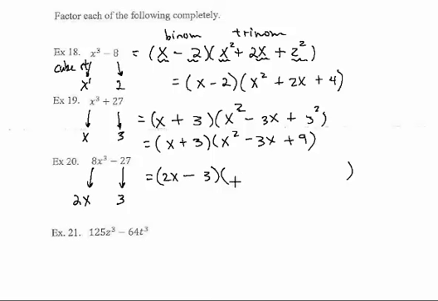Then we have a trinomial. For the first term, we square the 2x. For the third term, we square the 3. And then for the middle term, we multiply the 2 together. And then we fix our signs. The second sign is different than the first one, and the third sign is always a plus.